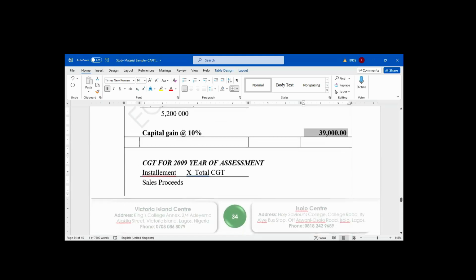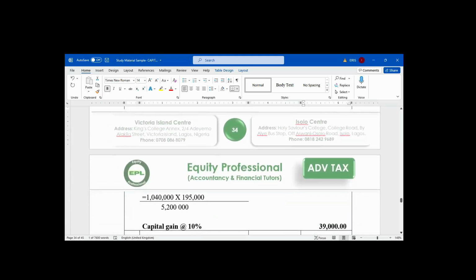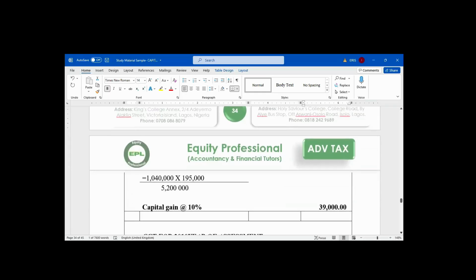In 2009, how much is the installment the buyer paid? The same 1,040,000, over 5.2 million times 195,000. We are still going to get 39,000.